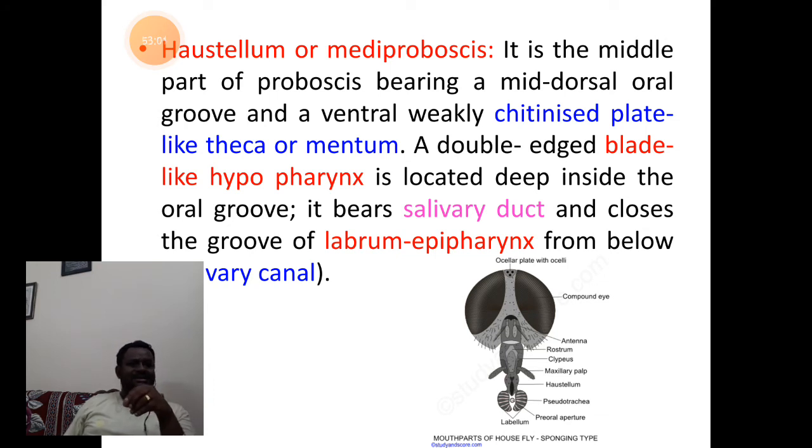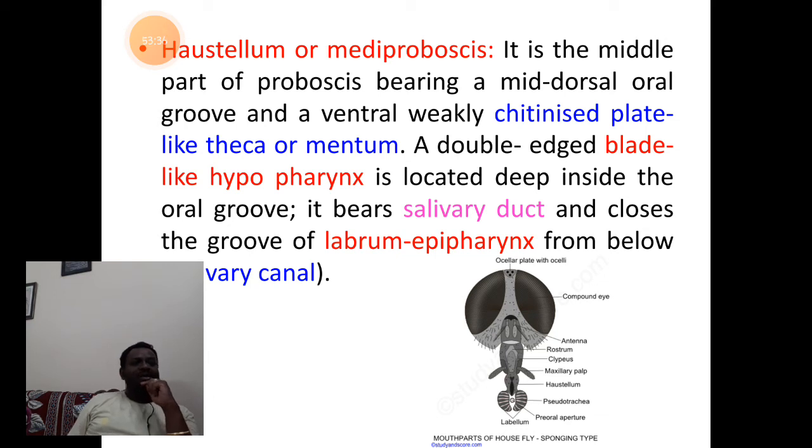It has a groove-like structure at the mid-dorsal, the upper part, and on the ventral side a membranous structure attached. There is a double-edged blade-like hypopharynx located deep inside this oral groove. Wherever the hypopharynx is, as we know, it is associated with the salivary duct.